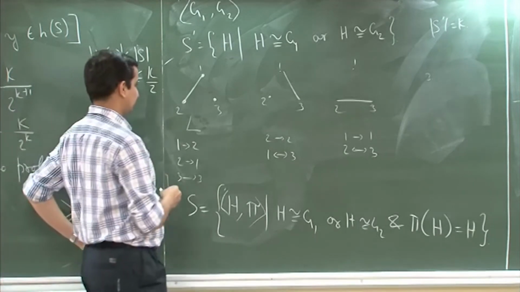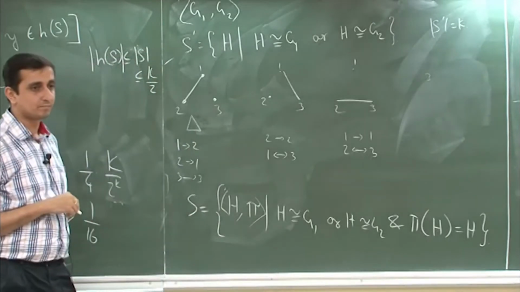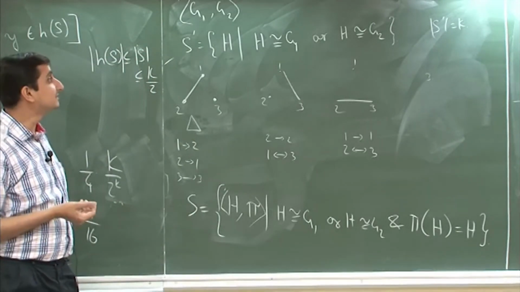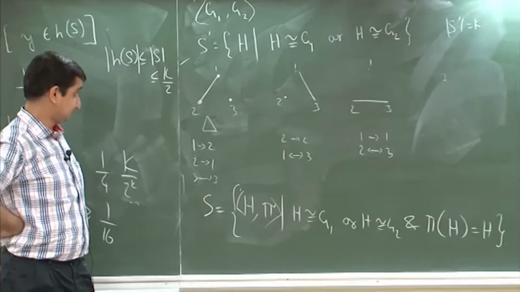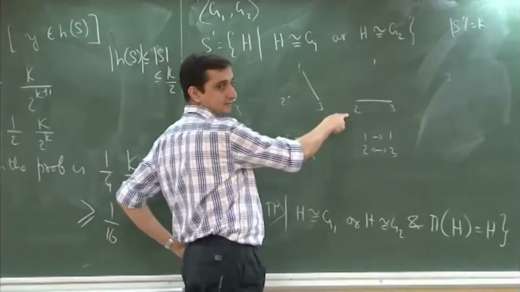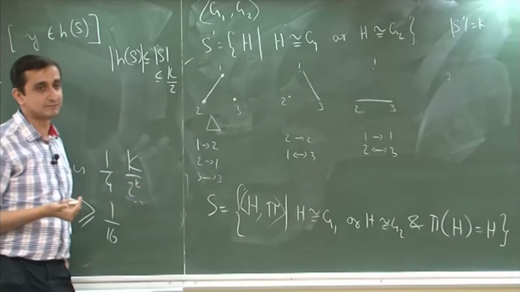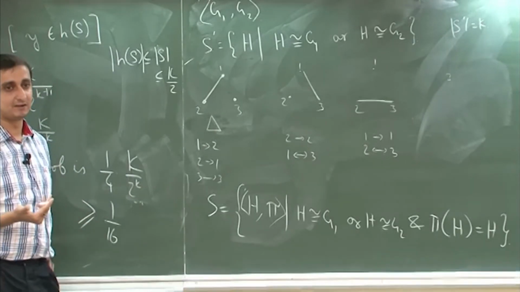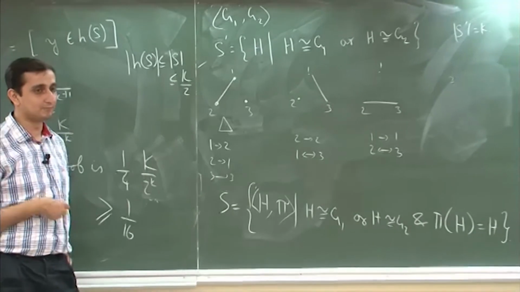Then what is the set of graphs that are isomorphic to either G1 or G2? You have these three graphs, and the only graph that is isomorphic to this is this one. So you have only 4 graphs, which is 3 plus 1. That is why you will get a problem.